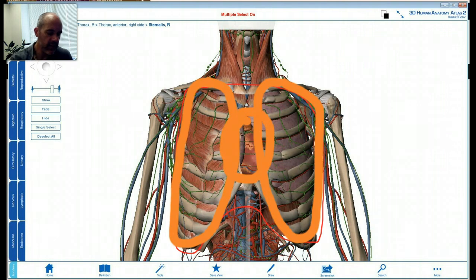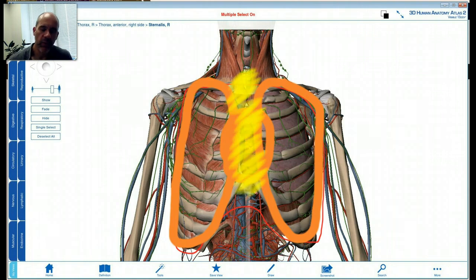Everything between your right and your left pleural cavity is considered to be the mediastinum, just a review from earlier information. Your heart is sitting there in the inferior portion of the mediastinum within the pericardial cavity.